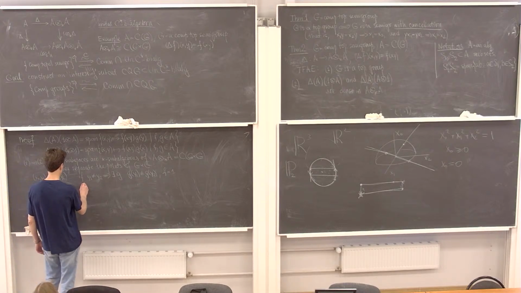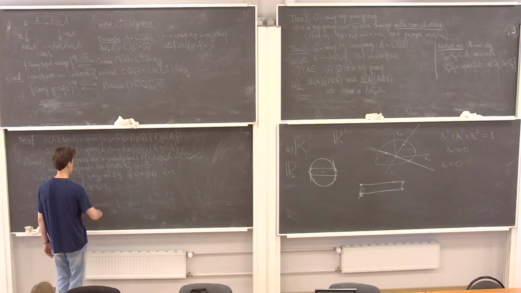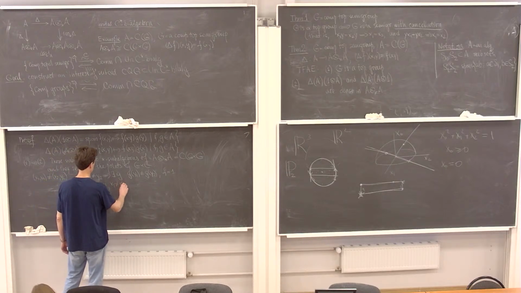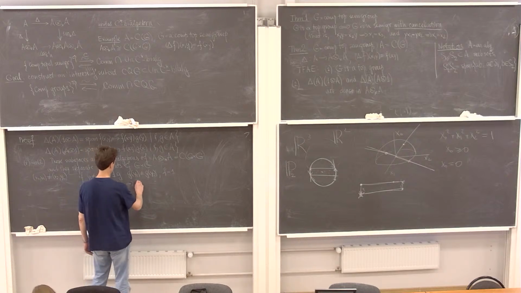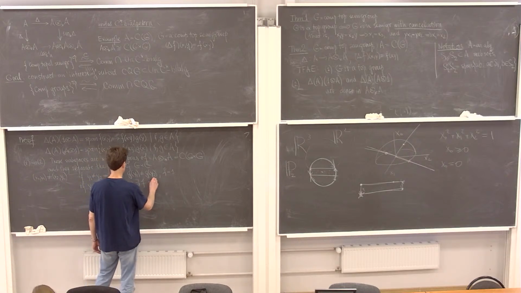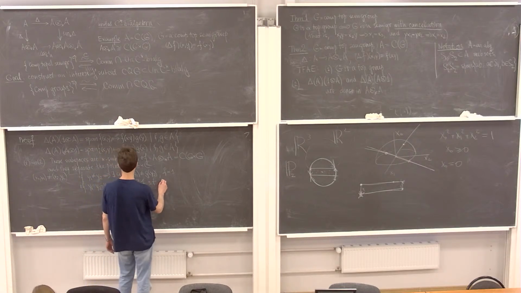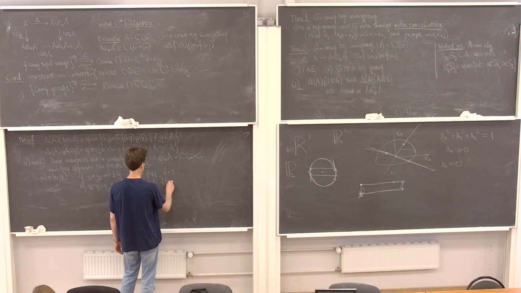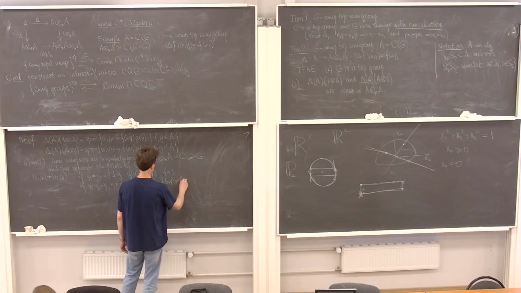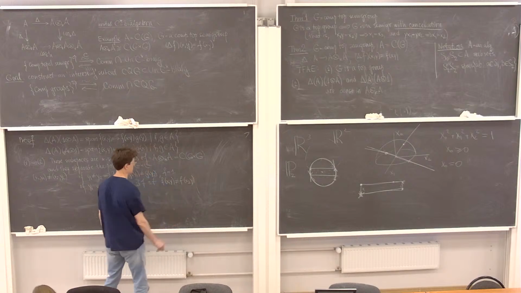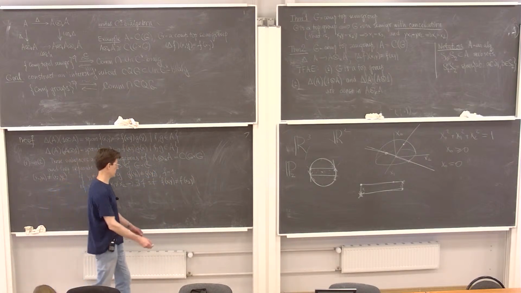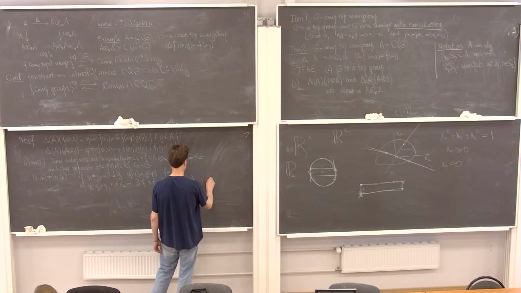And if y1 equals y2, denoted by y, and x1 is not equal to x2, then we can always find a function f which separates x1y from x2y. And again, we can let g equal 1.